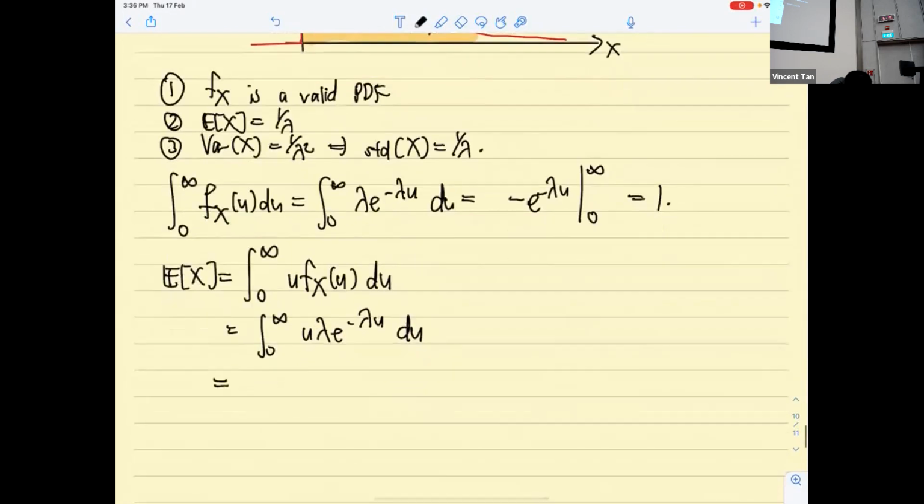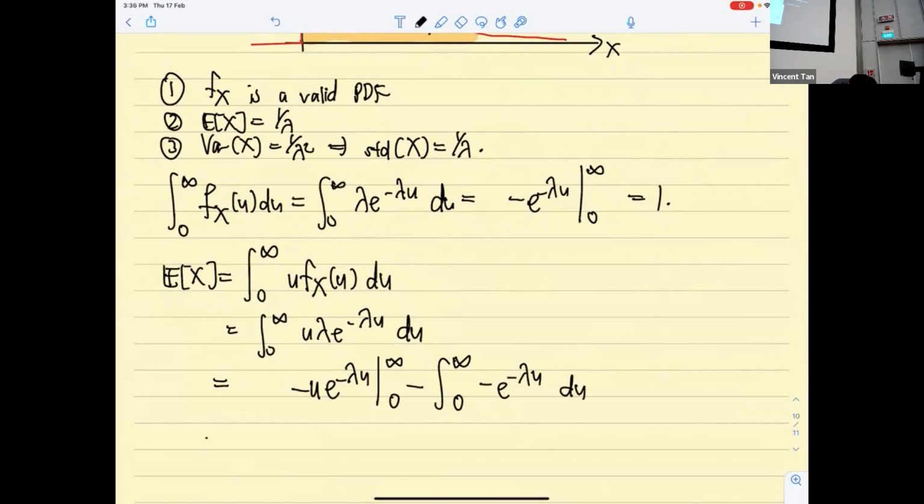For integration by parts, you do this: u times minus e to the minus lambda u from 0 to infinity, minus the integral of minus e to the minus lambda u du.